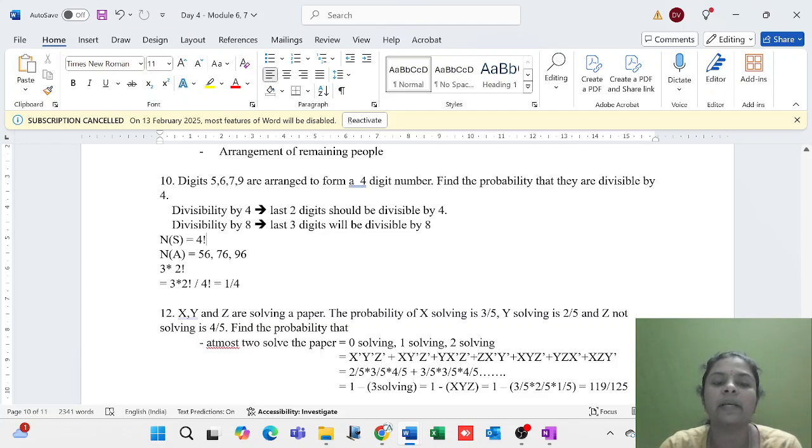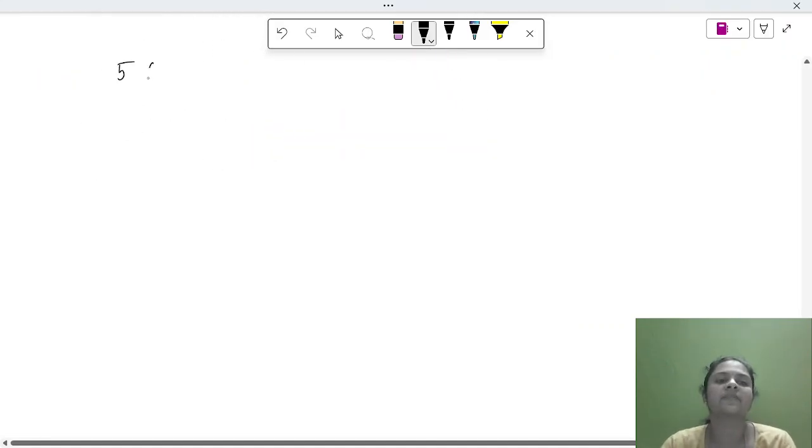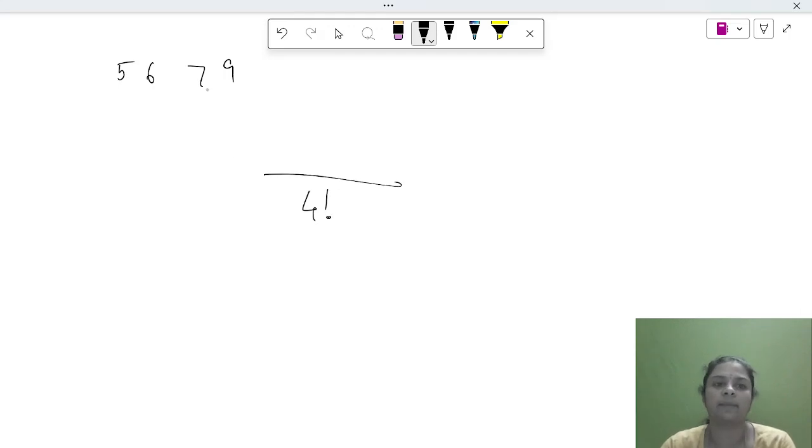And for divisibility by 8, the last 3 digits should be divisible by 8. So here, total arrangement is 4 factorial. So the digits are 5, 6, 7, 9. Now the denominator is 4 factorial.